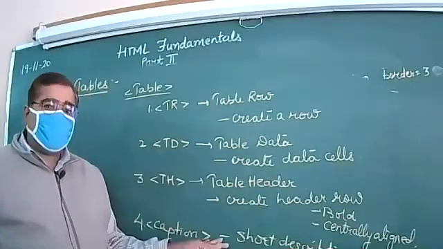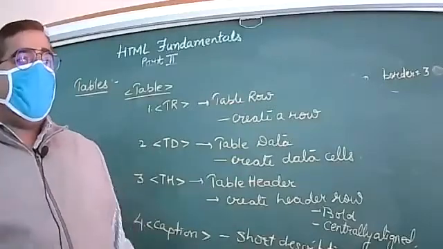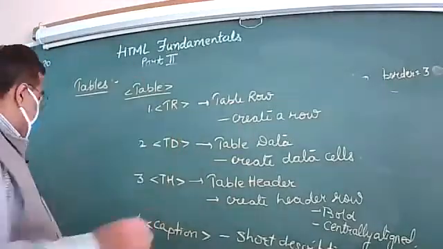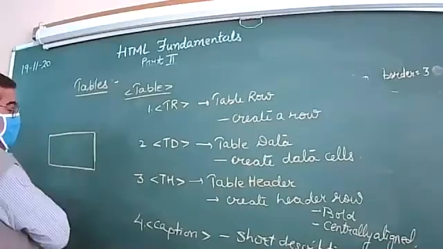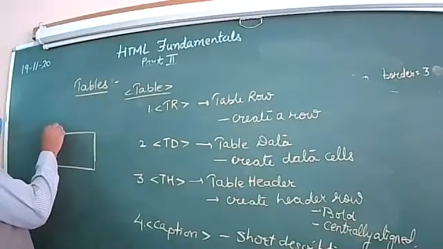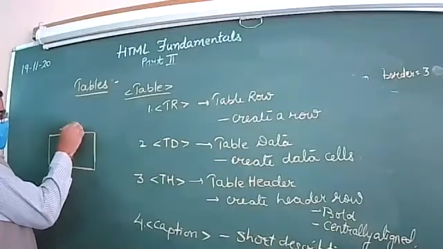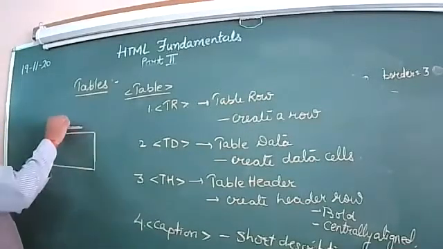And whatever caption you give inside the caption tag will appear above the table. Like suppose this is your table. Whatever caption you create via the caption tag will display here in the center, just above the table. This is your caption.